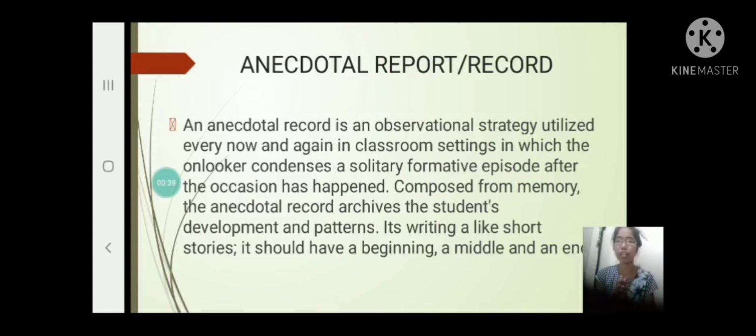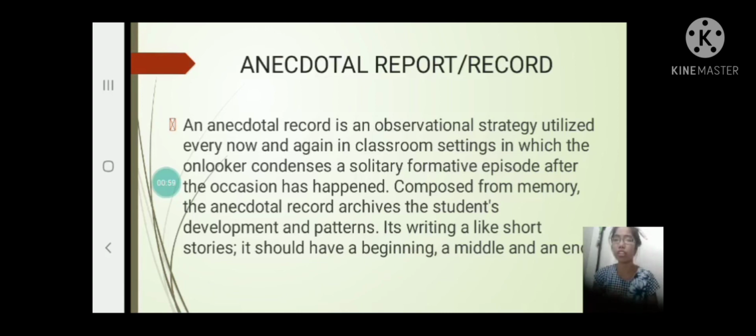So, anecdotal report. This anecdotal report can help us to know if the children or specific children has a mental health issue or mental health issues such as ADHD, autism.